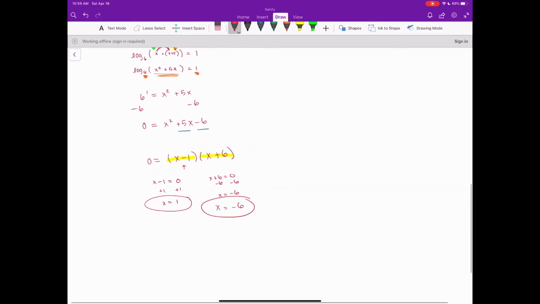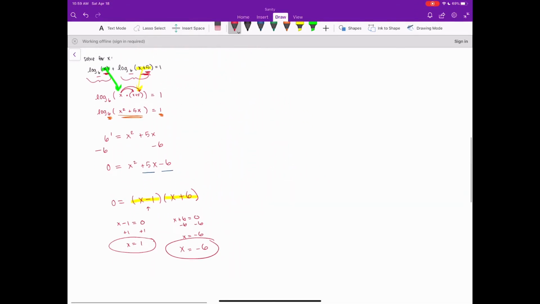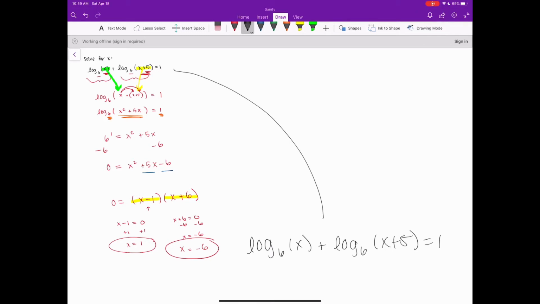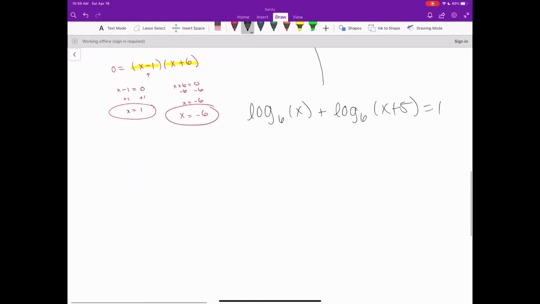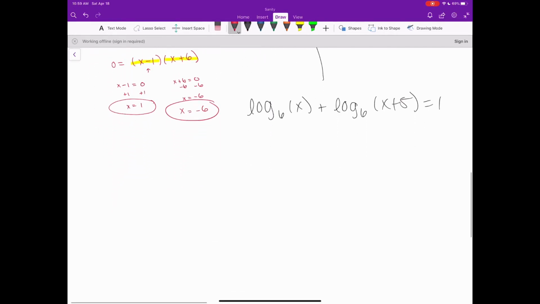So I'm going to go back to my original equation and write it down at the bottom real quick: log base 6 of x plus log base 6 of x plus 5 equals 1. That's our original equation right here. And I'm going to check both of these solutions in my equation. Make sure they make sense.